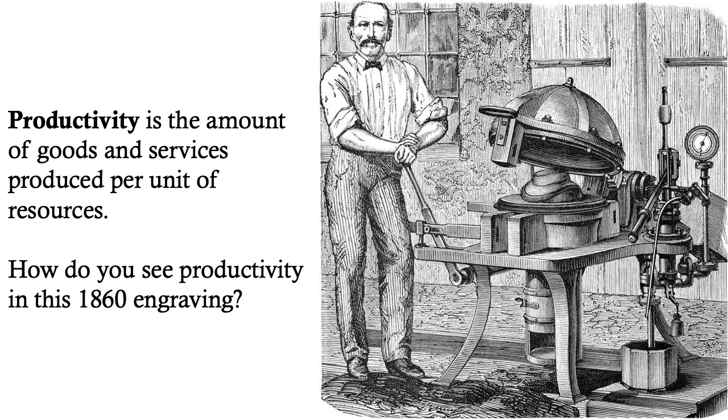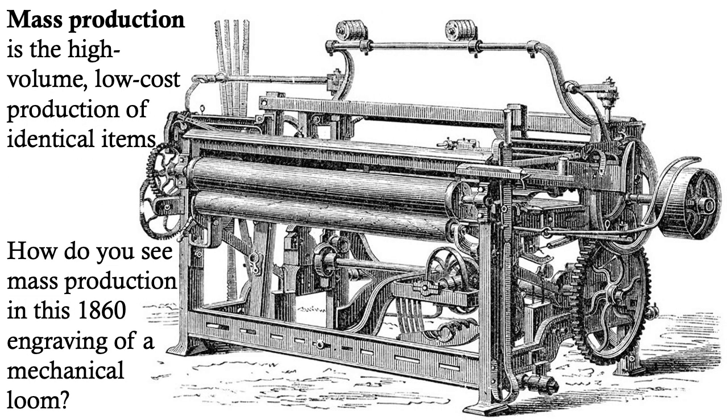Productivity is the amount of goods and services produced per unit of resources. How do you see productivity in this 1860 engraving? Mass production is the high volume, low cost production of identical items. How do you see mass production in this 1860 engraving of a mechanical loom?